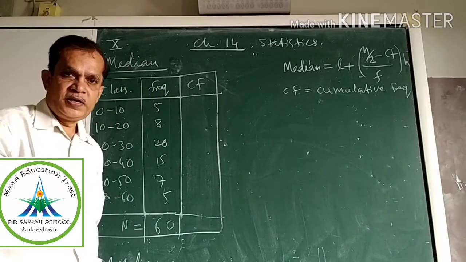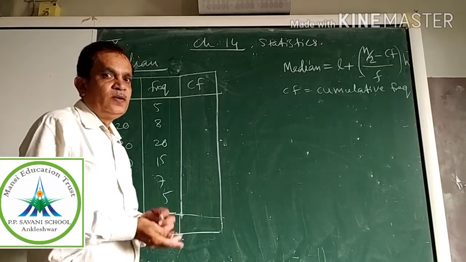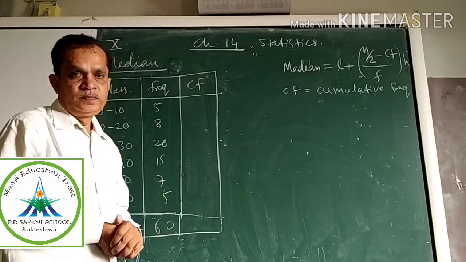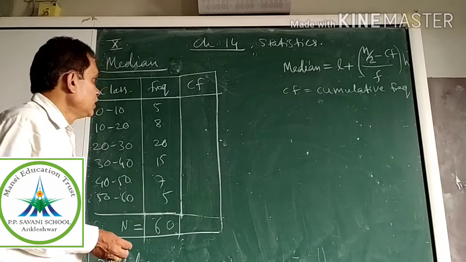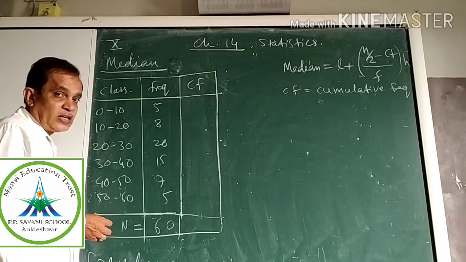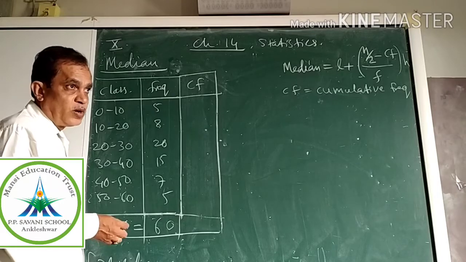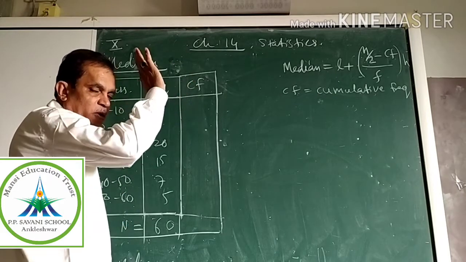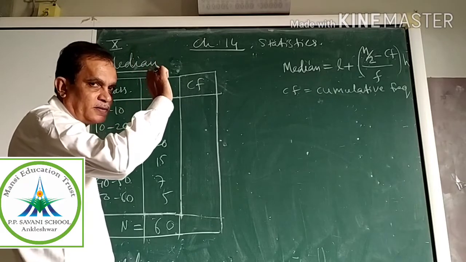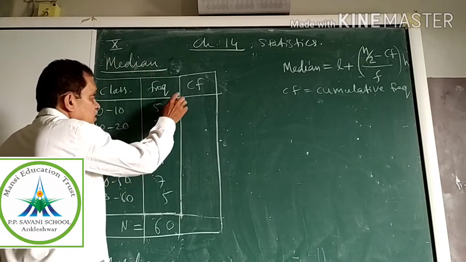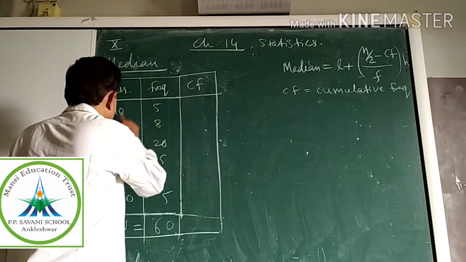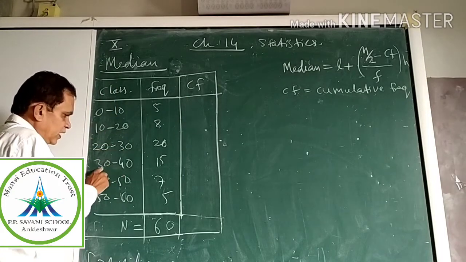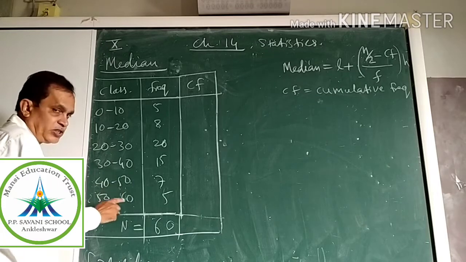For finding the median, we need to write the cumulative frequency. You learned cumulative frequency in class 9. If you remember, very good; if not, it's not necessary, sometimes you forget. So see, this data is 0 to 10, 10 to 20, 20 to 30, 30 to 40, 40 to 50, 50 to 60.